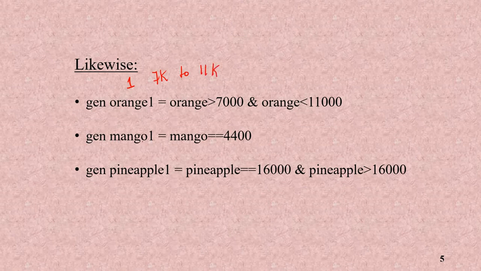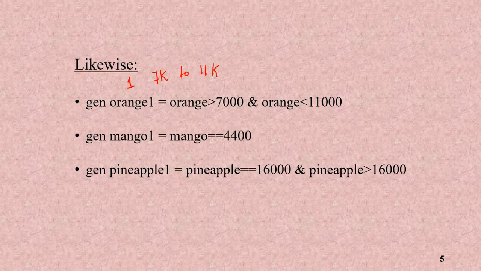11,000, or 0 otherwise. And for this purpose, we need to type generate space, name of the new variable which is orange1, space, equal sign, then space, then select the old variable orange, put greater than 7,000, then space, then type ampersand, that particular sign, then again give space, then again select the old variable orange and put the condition less than 11,000.